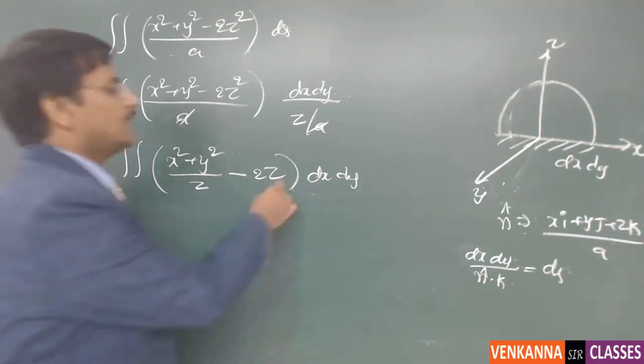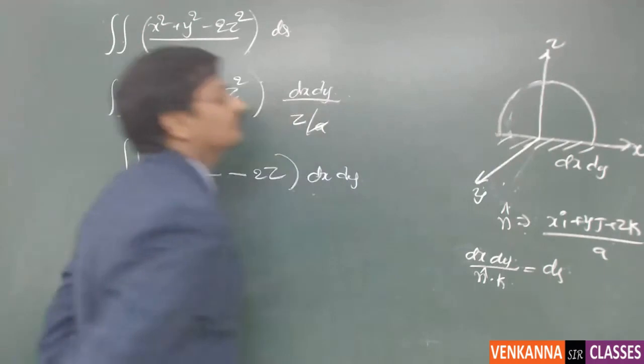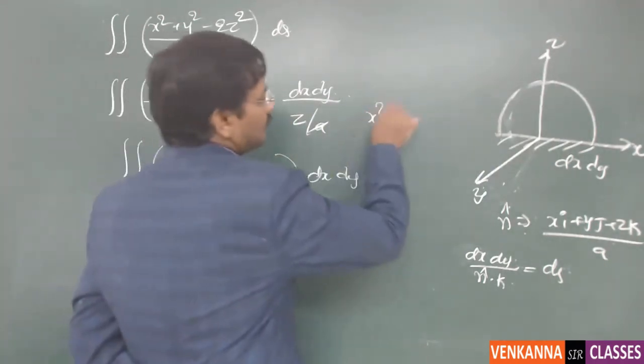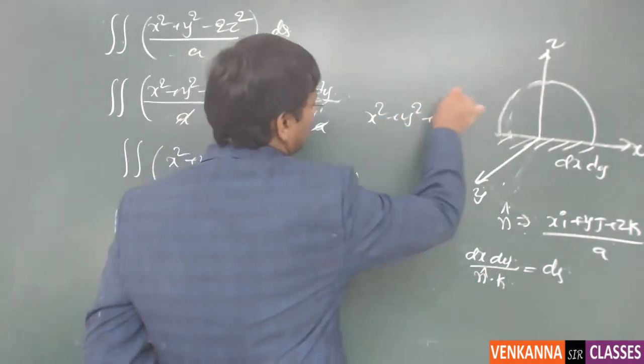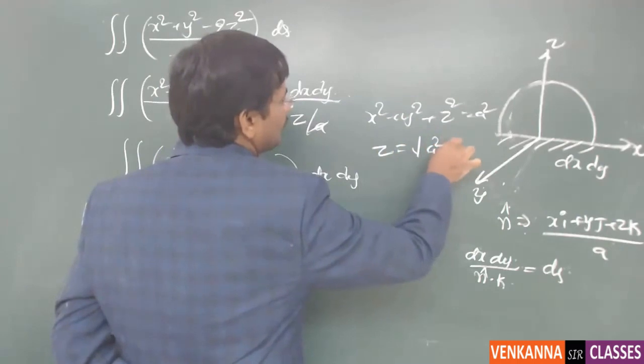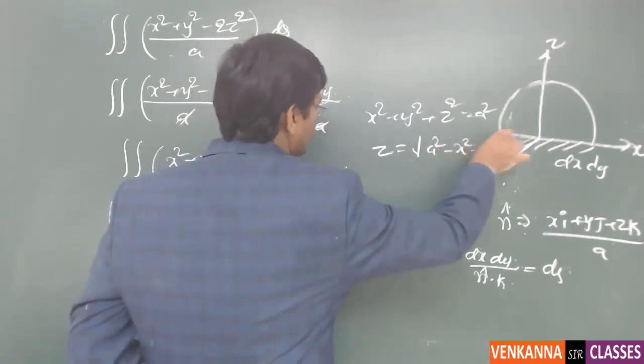Now this z needs to be expressed in terms of x and y using the equation x square plus y square plus z square equal to a square, so z is equal to the square root of a square minus x square minus y square.